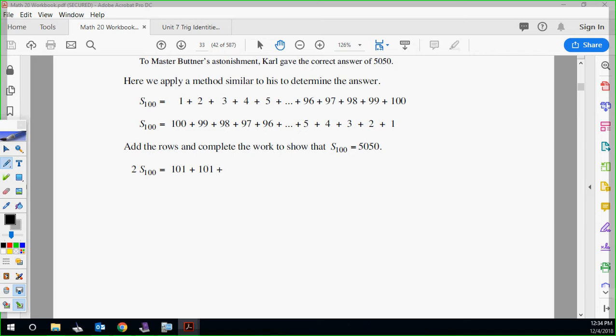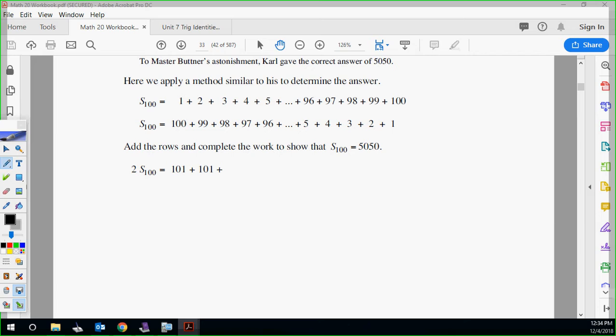So two sums of 100 are going to be 101, 100 times. There are 100 pairs here, right? So 101 times 100, but then we have to divide that by 2 because this is 2 of them and we only want 1. Does that make sense?